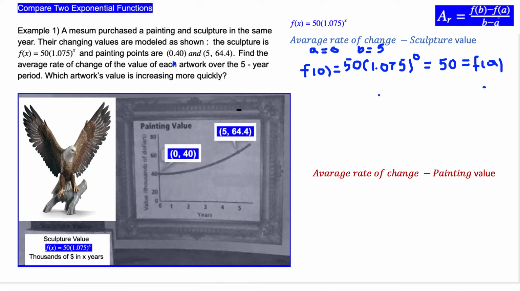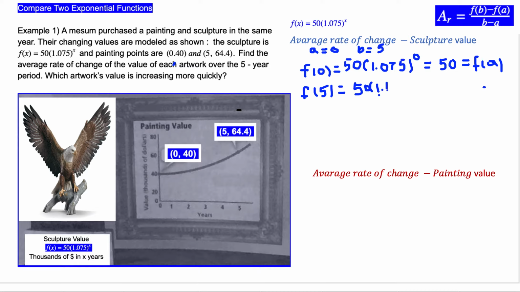So now f of b is for 5 years. We want to see how much the sculpture costs after 5 years.